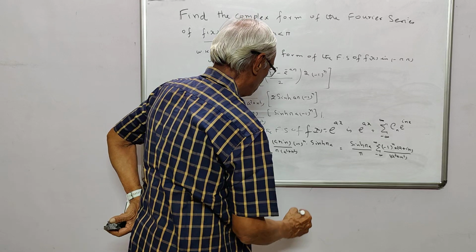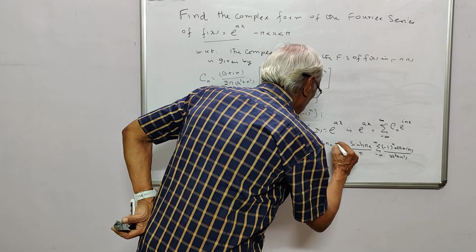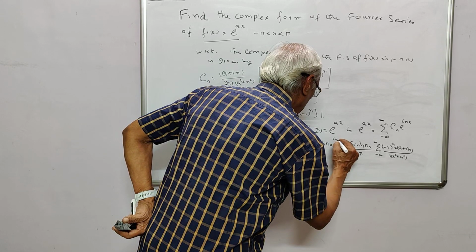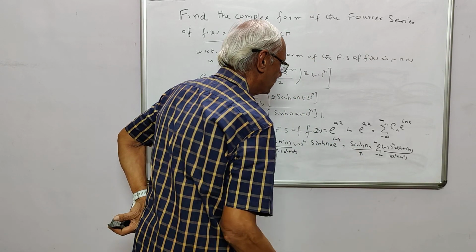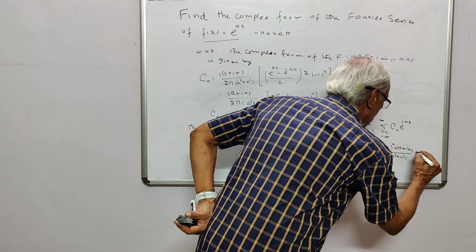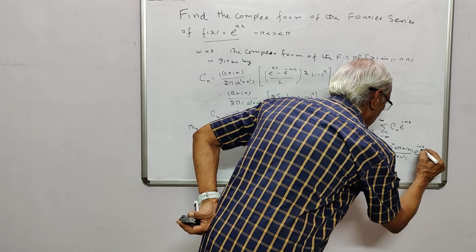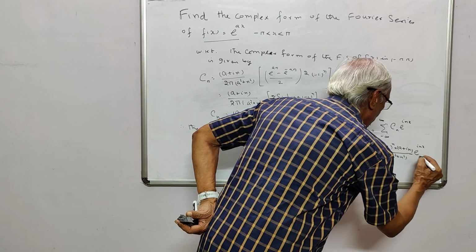So it is minus 1 to the power of n into a plus in divided by a squared plus n squared, into, here you see that this series is e to the power of inx. So this is your series.